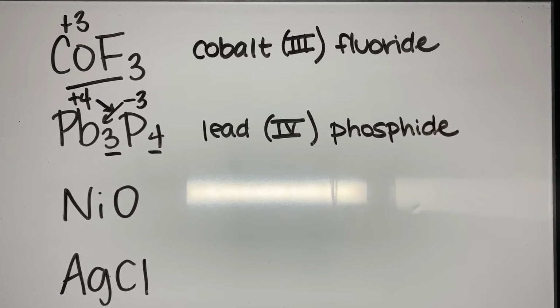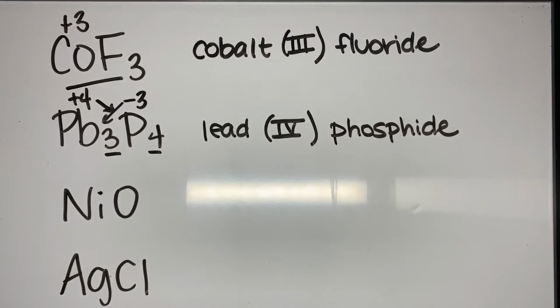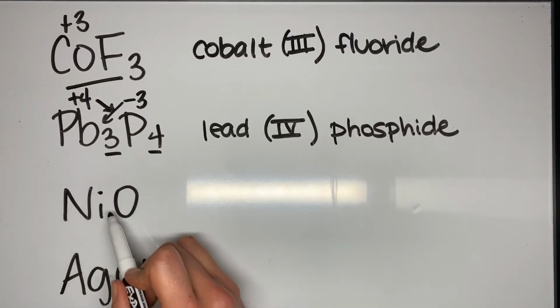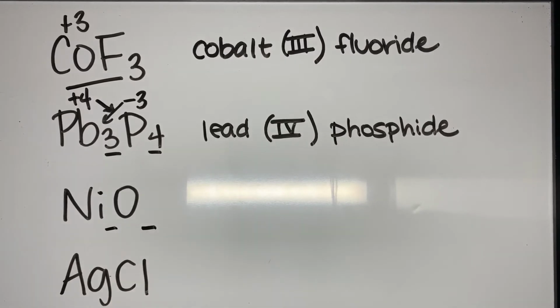Now there are some instances where I can try to trick you, okay? Or chemists can, really. These are all compounds that chemists use. So the trick is, when you see that both of the subscripts are 1s, so we see that NiO has 1 atom of nickel, 1 atom of oxygen, you have to stop and you have to question.